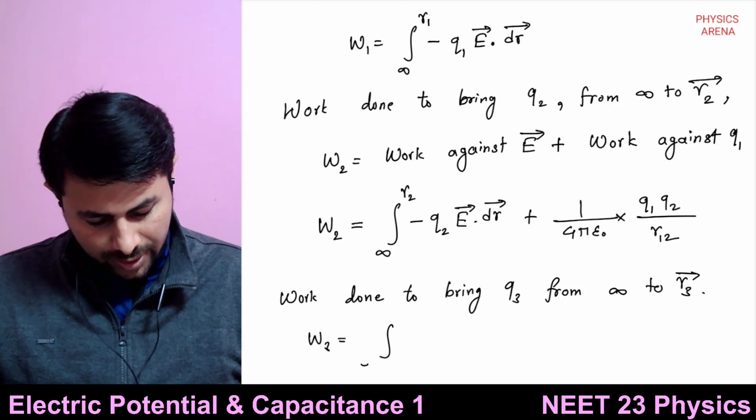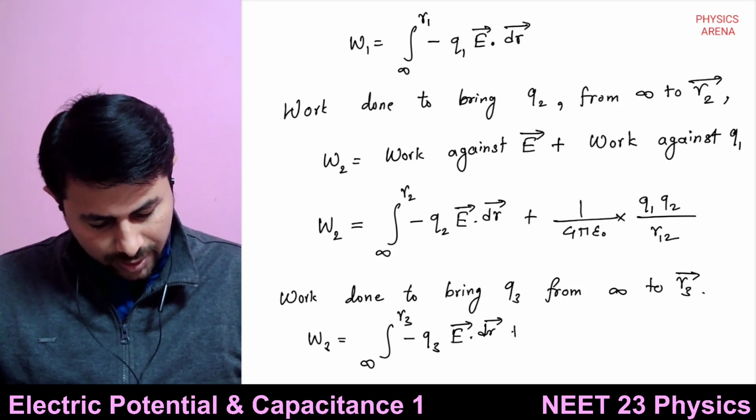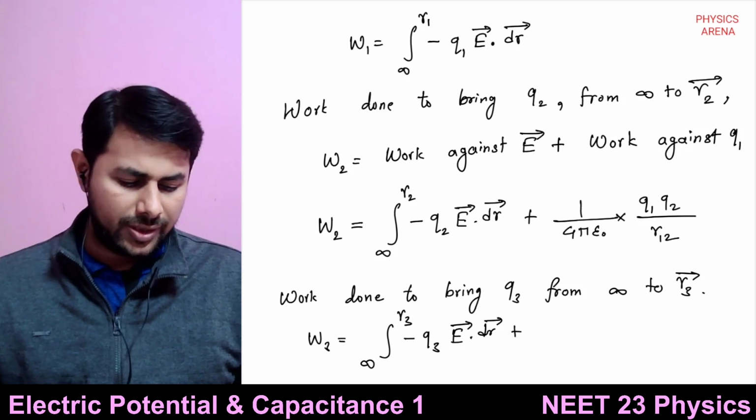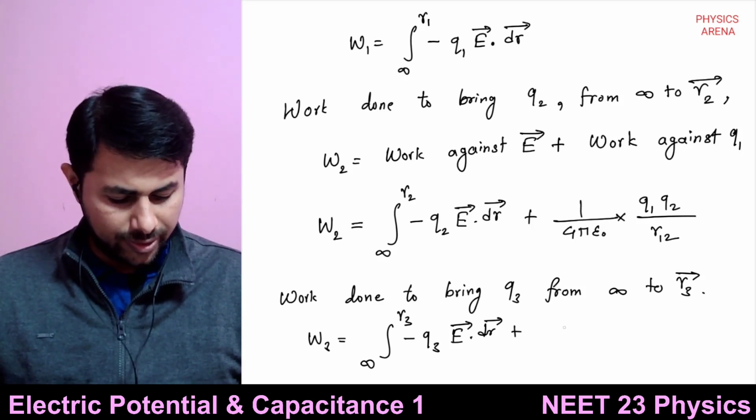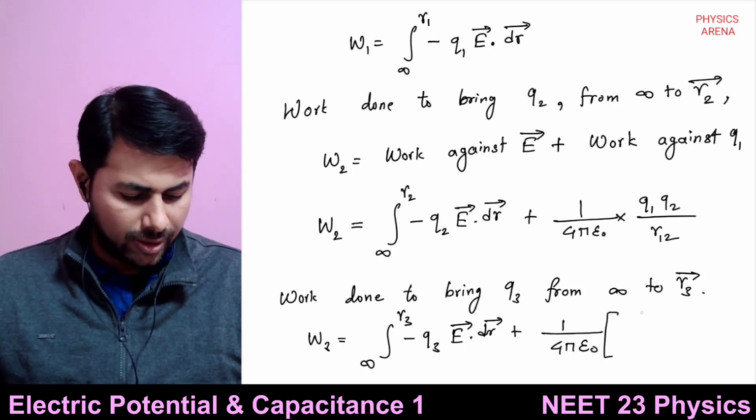So it is work done against the electric field, plus work done against Q1 and work done against Q2. Here you can take 1 upon 4 pi epsilon naught common.